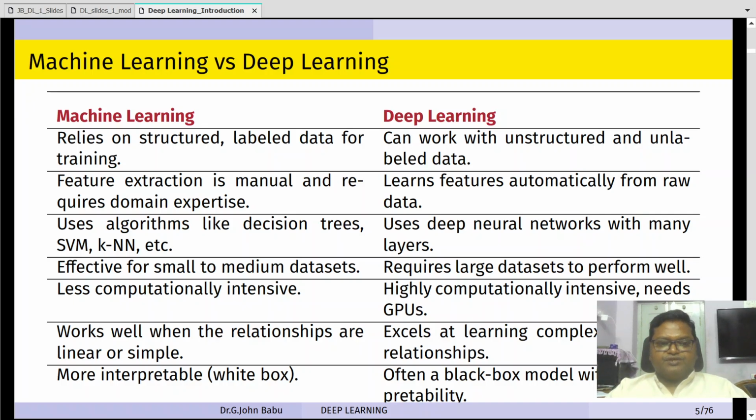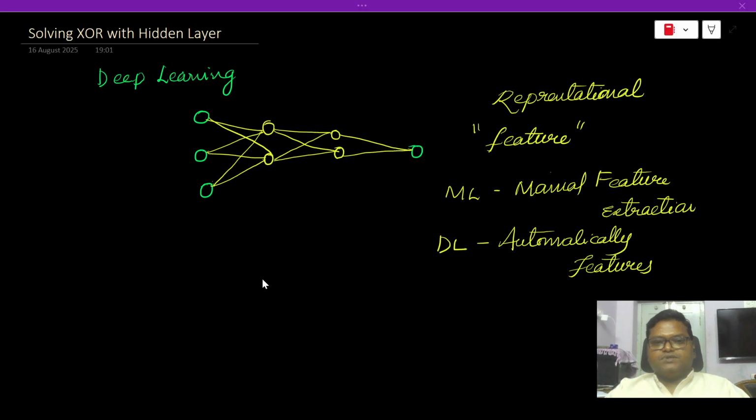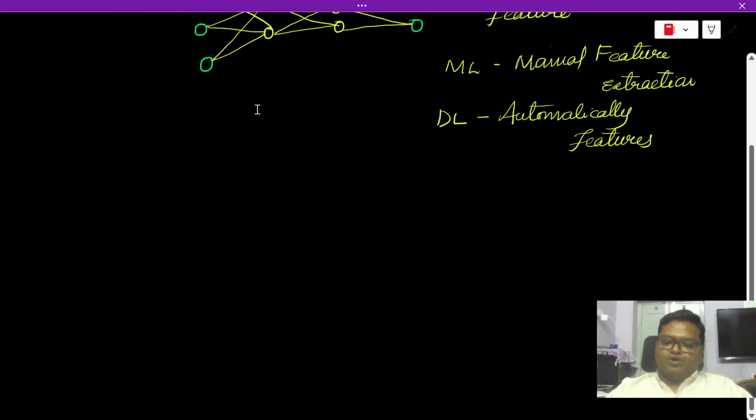So with that introduction, let me go back to this. Let us dive into one particular problem which we tried to solve previously, and that was classification using a perceptron.